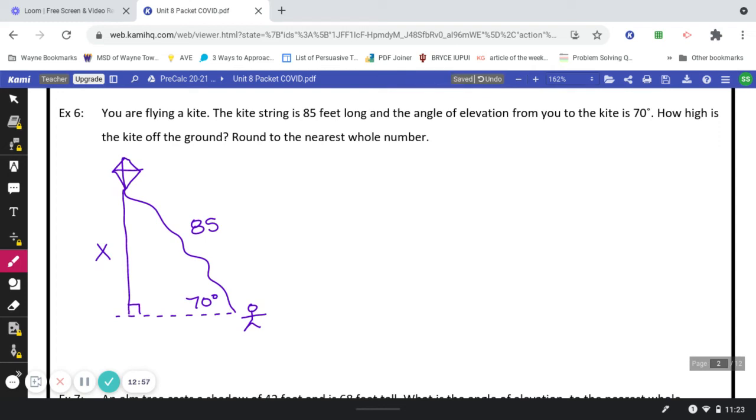Start by labeling the sides. The sides should be O and H. And then see if you can set up the equation. Take a second, see if you can set up the equation.